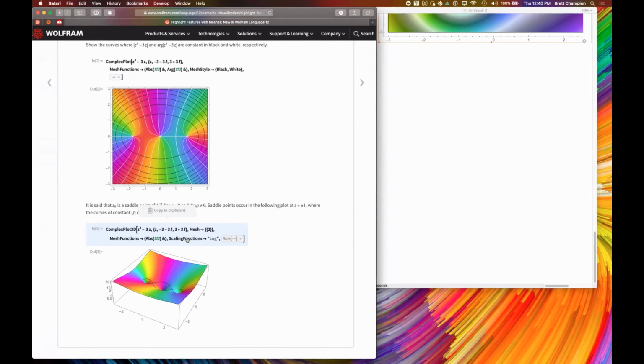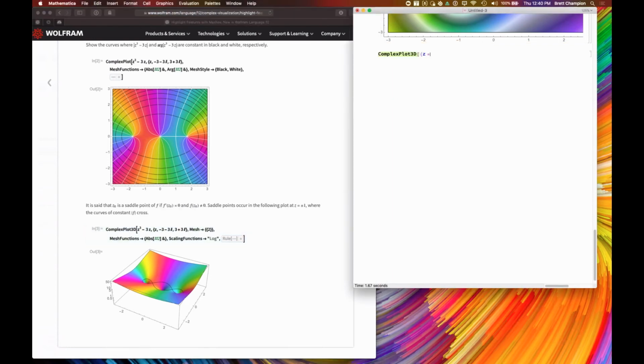Say we have z minus 1 divided by z plus 1, where z goes from minus 2i to 2 plus 2i.